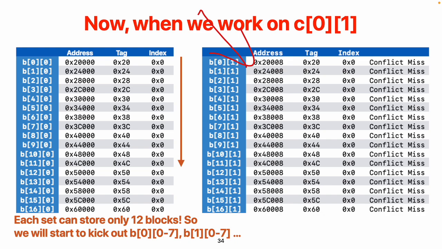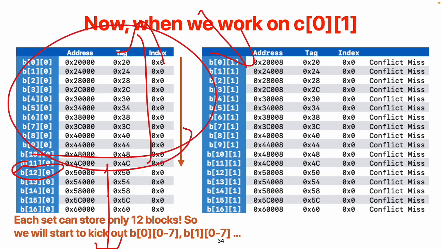The reason is that whenever I start fetching the 12th element in a column, I have to kick out one of the previous 12 blocks. And if you have 32, I'm 100% sure the early ones are gone. Do you agree with that? So far, we only use 32 blocks.